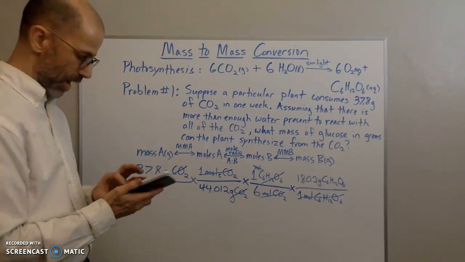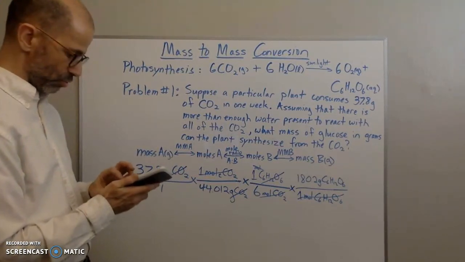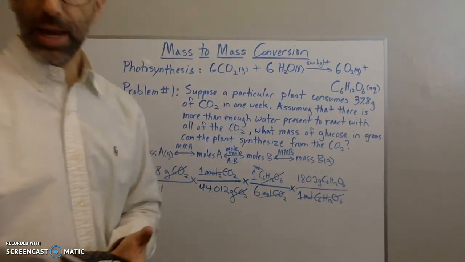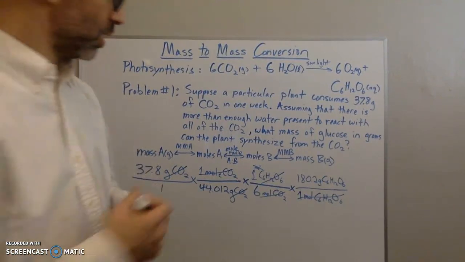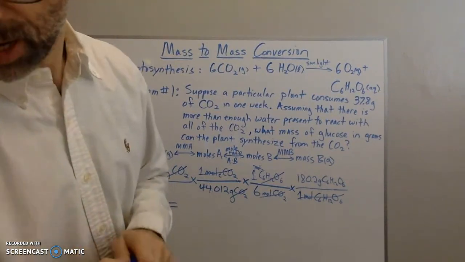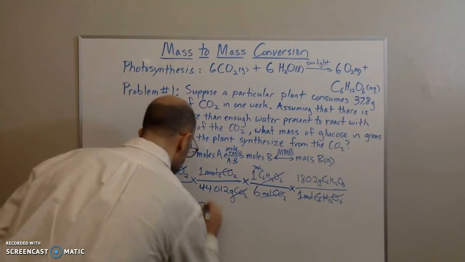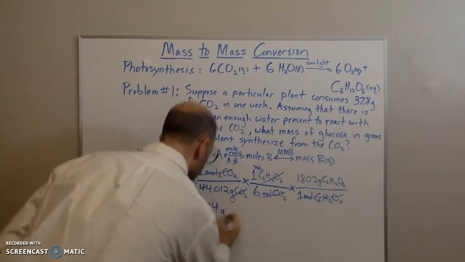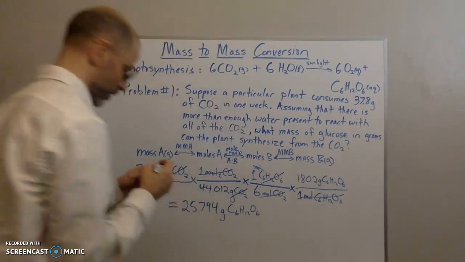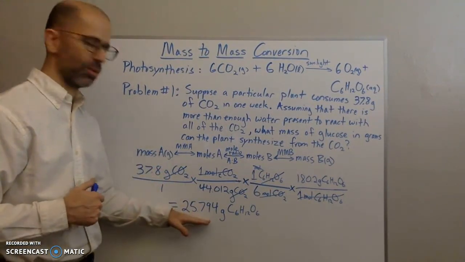Now I divide by the bottom, divided by 44.012, divided by 6 equals, and that gives me, so the answer is, I'll write it down here, the answer is 25.794. So 25.794 grams of glucose, C6H12O6.